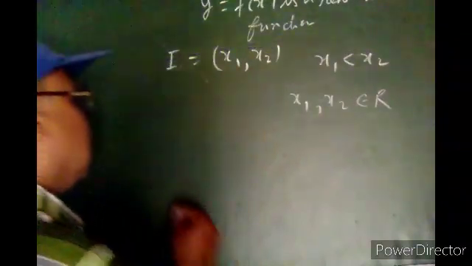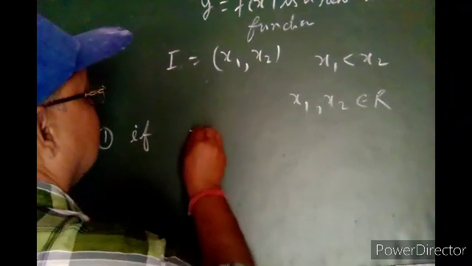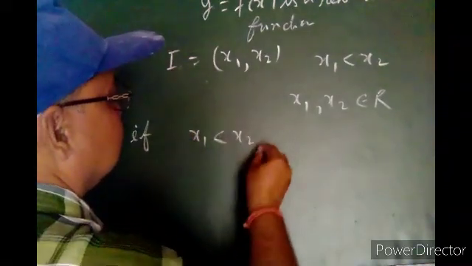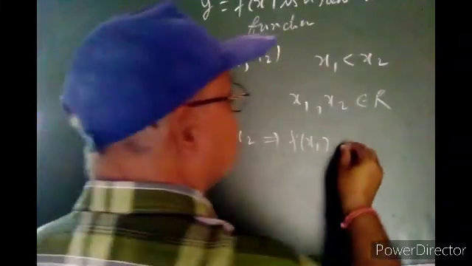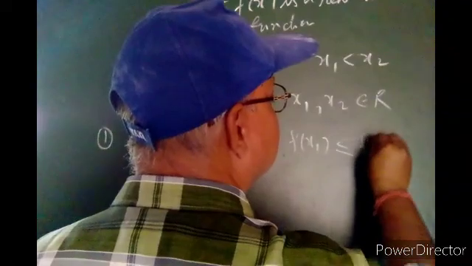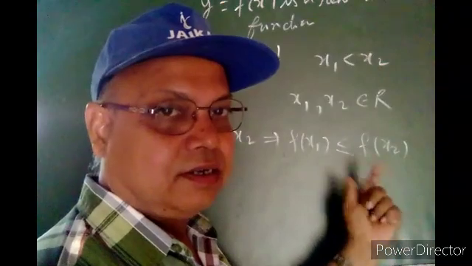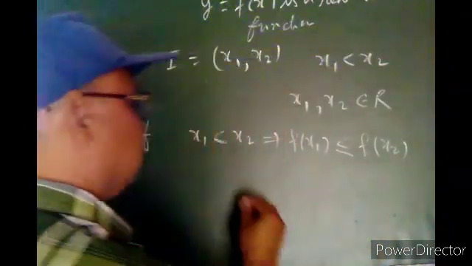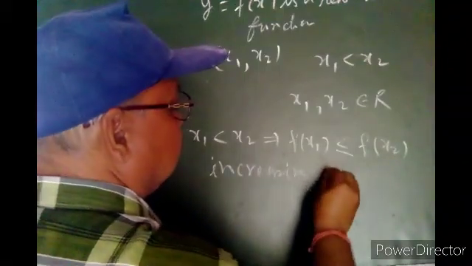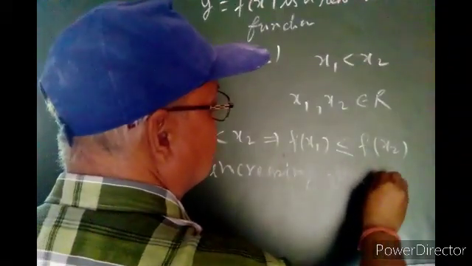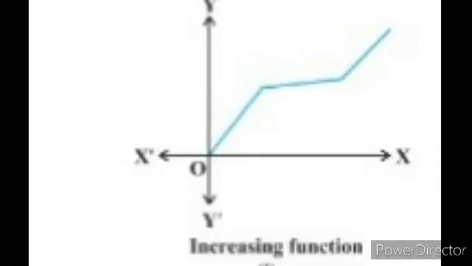Then number 1: if x1 less than x2 implies that f(x1) is less than or equal to f(x2), this type of function is called an increasing function. This function is an increasing function.